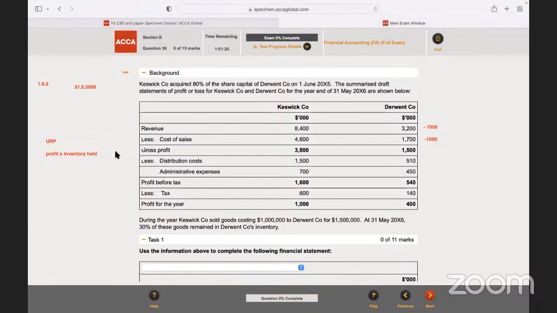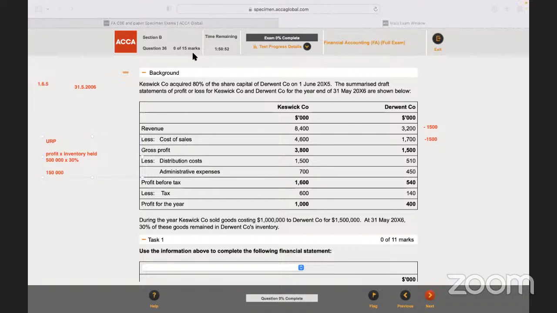So you have to get the profit. It's quite easy, guys. Profit is 500,000. How did we get 500,000? Read carefully. Sold goods costing 1 million for 1.5 million, so we are making a 500,000 profit. On 31st, 30% of these goods remained in the inventory. So multiply this by 30%, and the answer has to be 150,000 when it comes to URP.